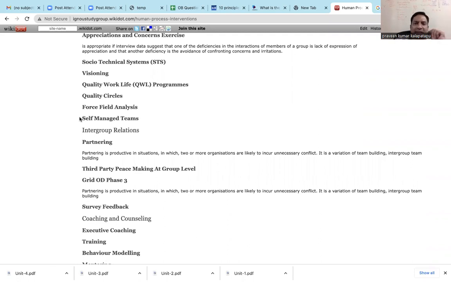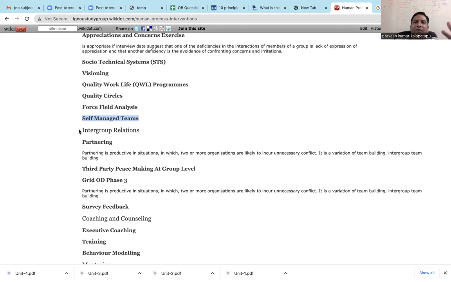Self-managed teams is self-explanatory. They don't really require anybody else to move them. They move together in the right direction by themselves. Management is only providing external support or external direction, but otherwise they are very self-sufficient.